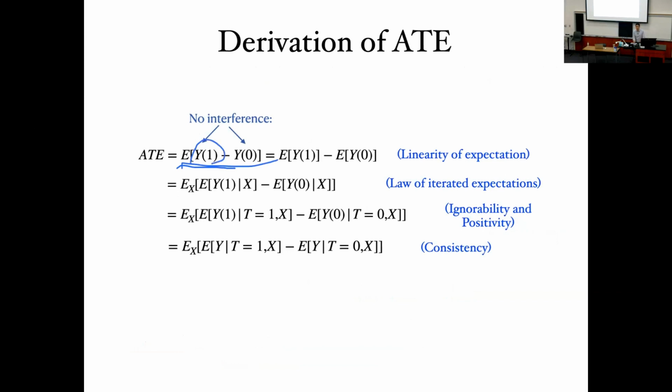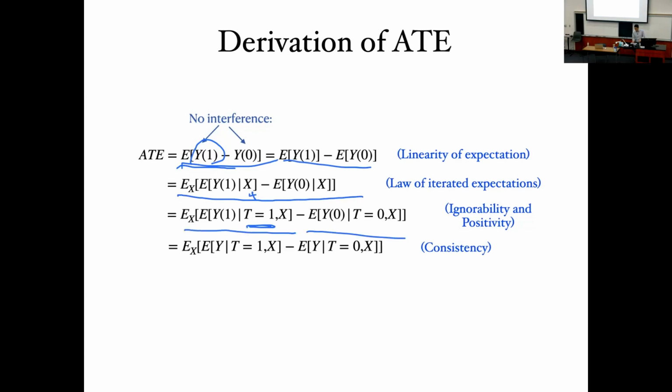That's why we can just use the potential outcome. And then this is just the linearity of expectation, because expectation is a linear operator. Then we go further by incorporating the treatment T right here.